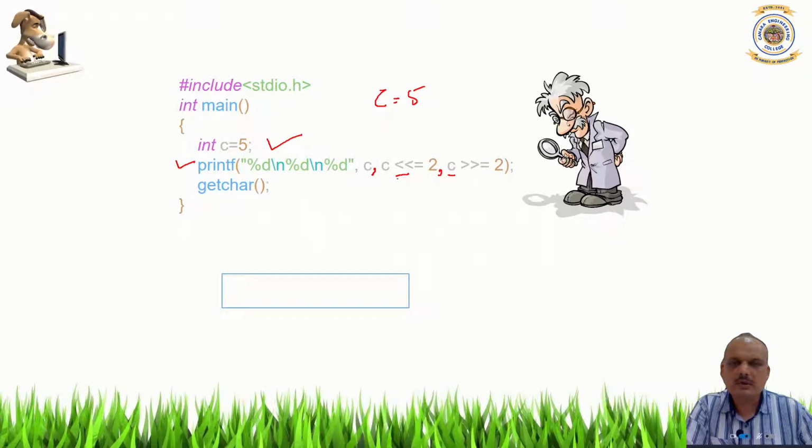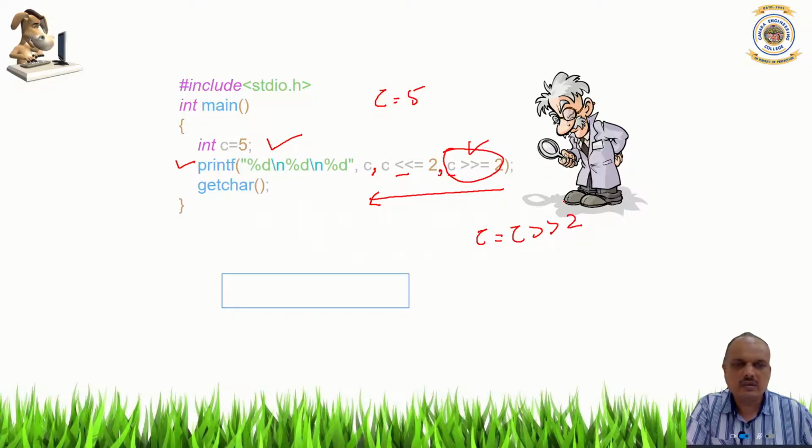How does this comma operator work? Basically it starts evaluating everything from left to right. So this piece of code, or this parameter, gets evaluated first. It is as good as writing c = c right shift by 2. A right shift operator basically implies dividing by 2 raised to whatever is given here, so it is dividing c by 2 raised to 2, which is dividing by 4.